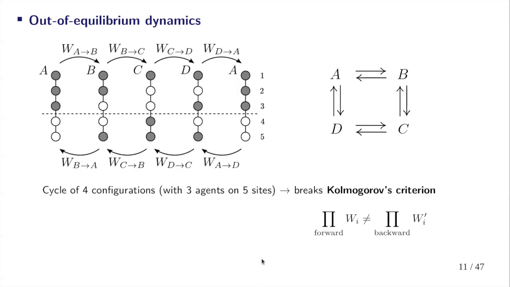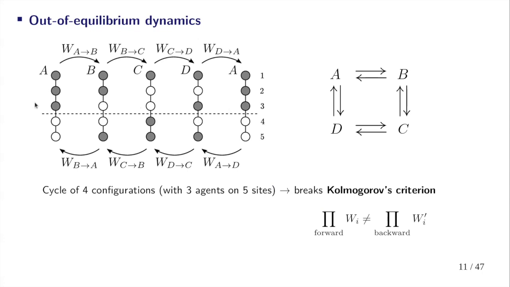So why is the system genuinely out of equilibrium? You can take an example of a very simplistic map, even in 1D, where you have 3 agents in gray on 5 sites, and you find a cycle between these 4 states.